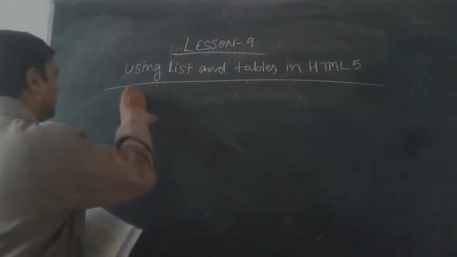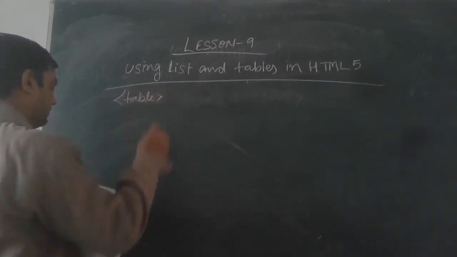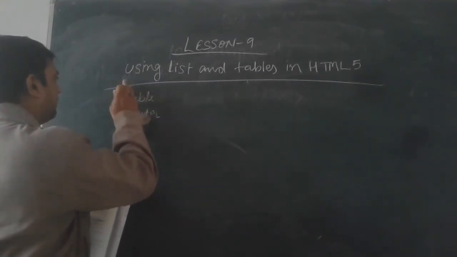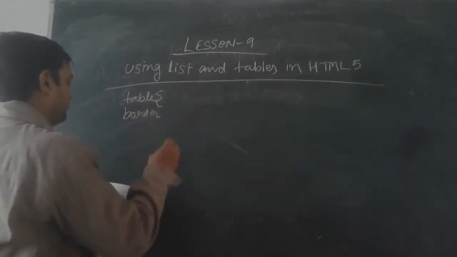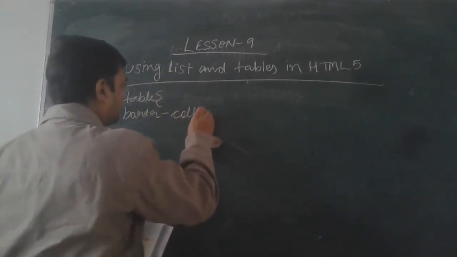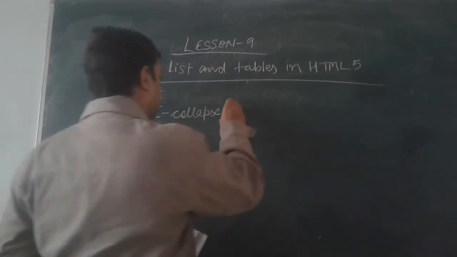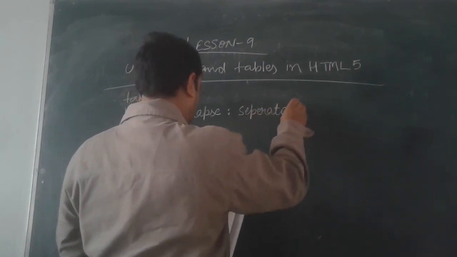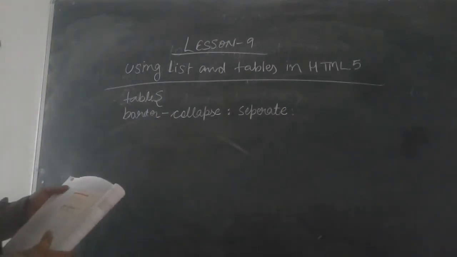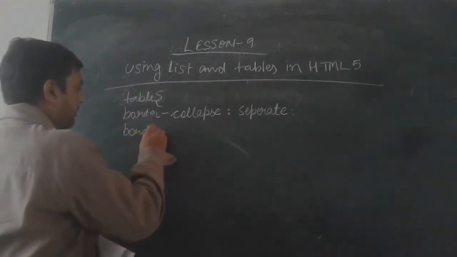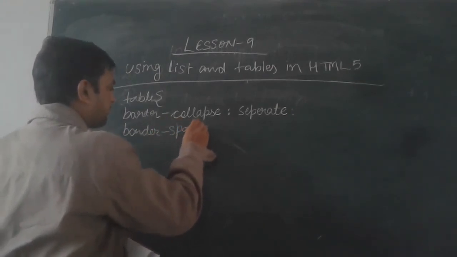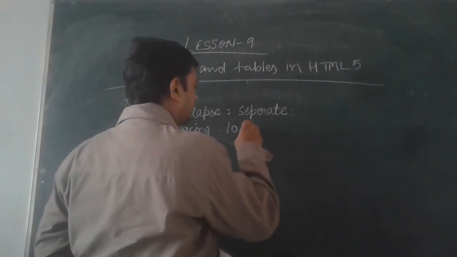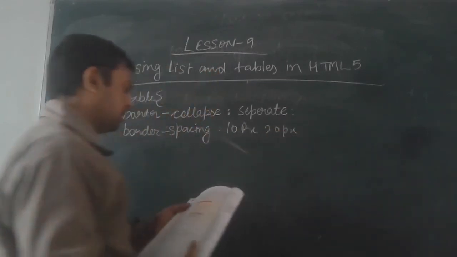Table border collapse, border collapse separate, then border spacing, then border spacing 10px and 20px.